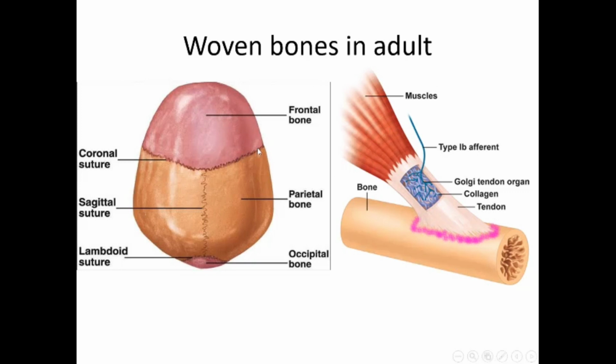The first place is between the flat bones of the skull, the head bones, called the suture, a kind of joint between the head bones. In this part we always have primary bone filling this area, and also at the site of attachment of muscle by a tendon to the bone. I mean, at the site of attachment we have primary bone or woven bone.